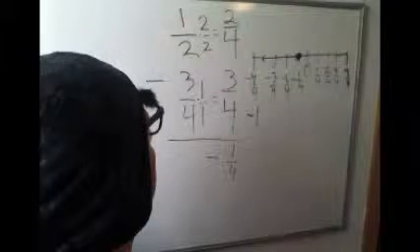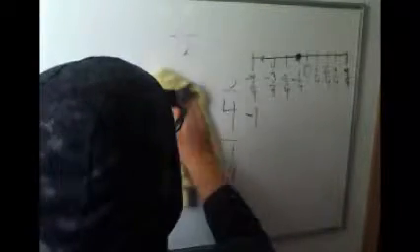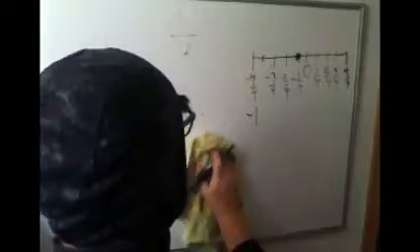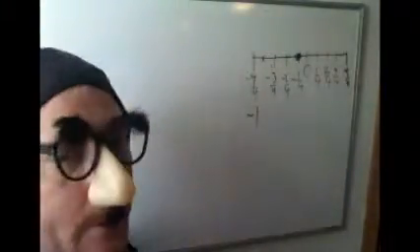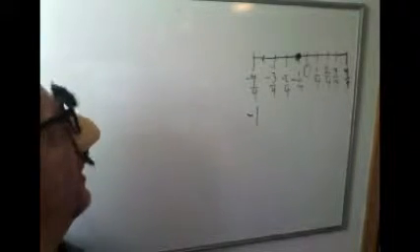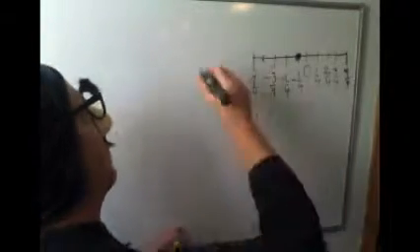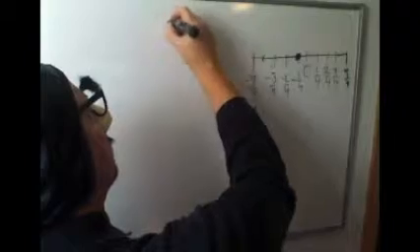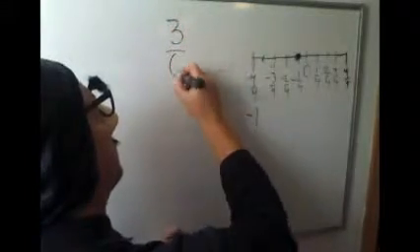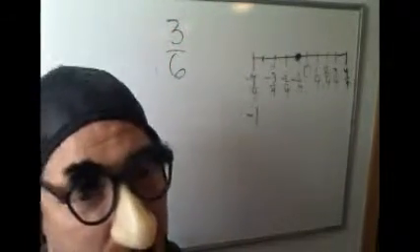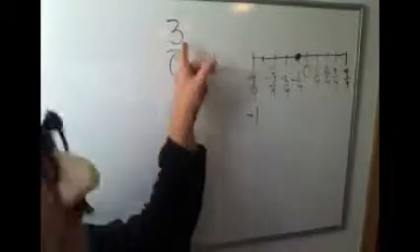But I will put up a new problem, one a little more difficult. Let's say we have 3/6, which we know is the same as 1/2, because 3 divided by 3 is 1, and 6 divided by 3 is 2, making it 1/2.